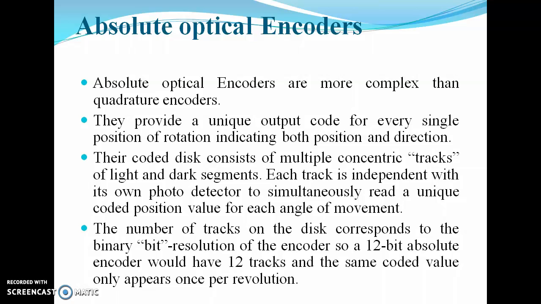So the difference between incremental and absolute optical encoders is that absolute optical encoders indicate both position and direction. Their coded disk consists of multiple concentric tracks of light and dark segments. Each track is independent with its own photodetector to simultaneously read a unique coded position value for each angle of movement.